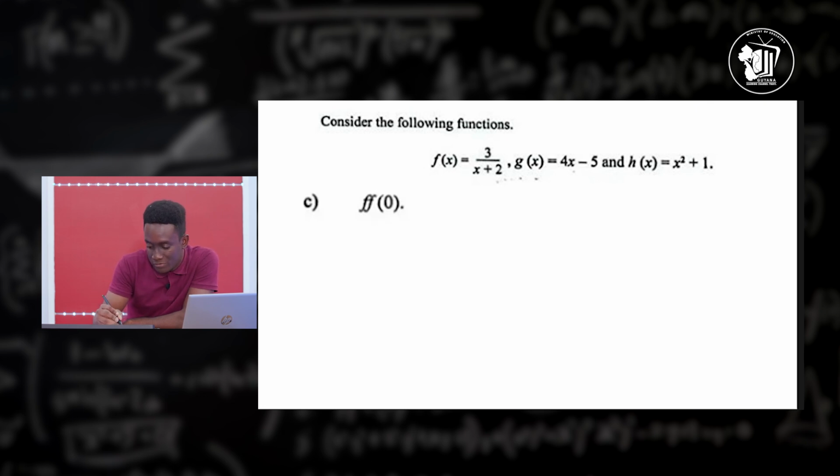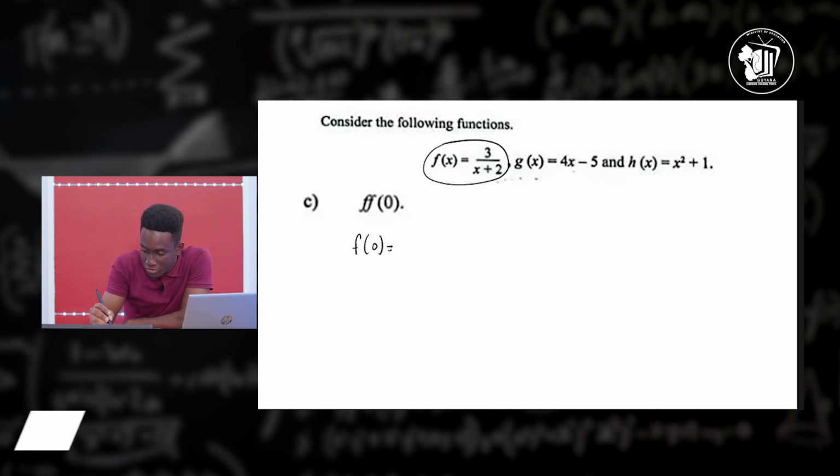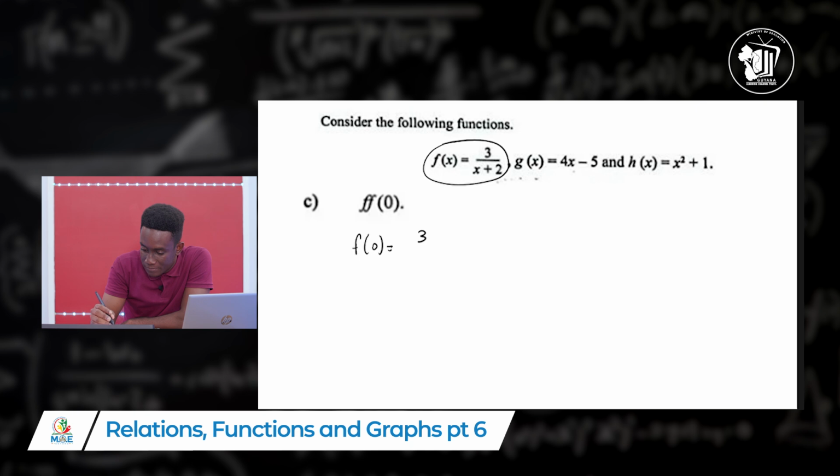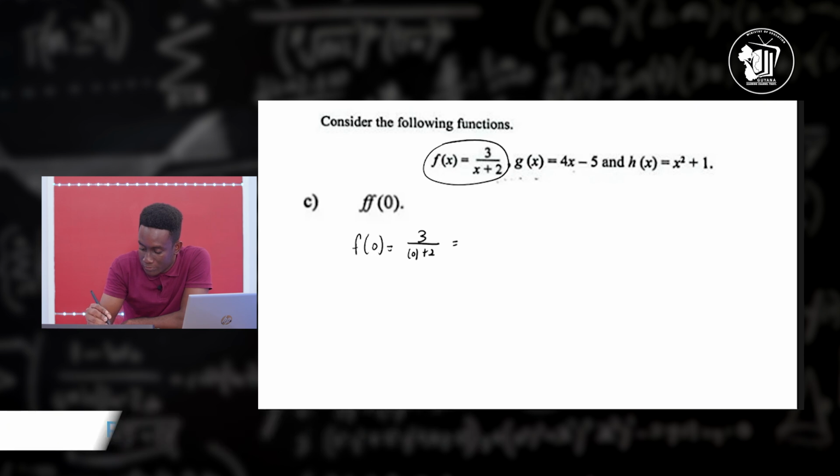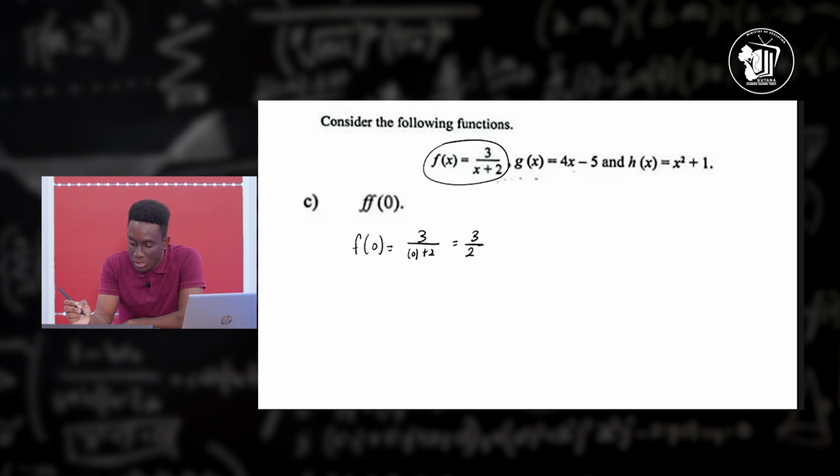That will be 3 over, instead of x plus 2, 0 plus 2, which is 3 over 2. We can leave this as 3 over 2, or 3 divided by 2 gives us 1.5, whichever one is your preference.